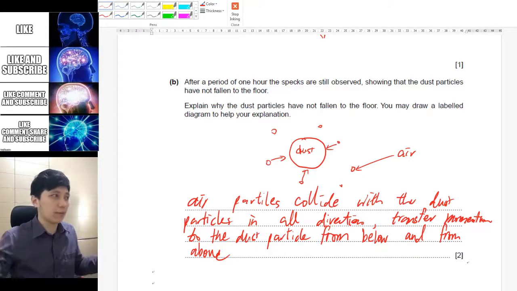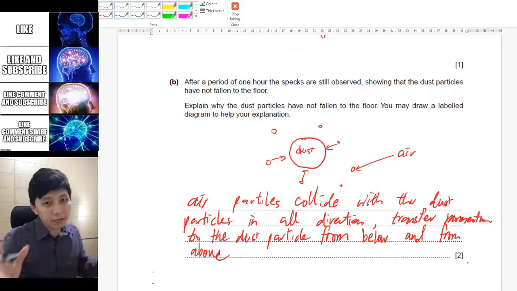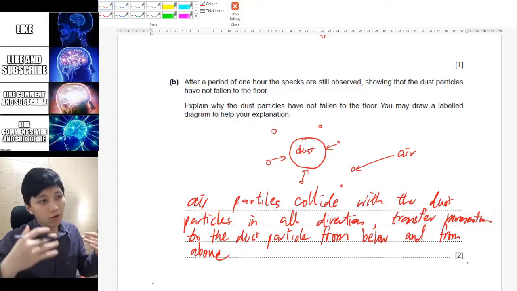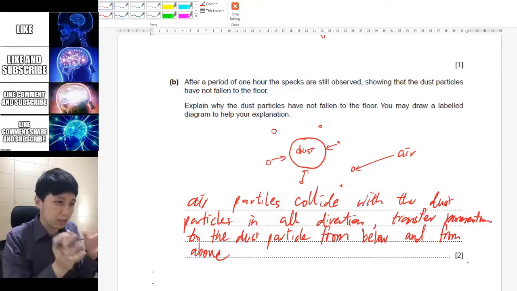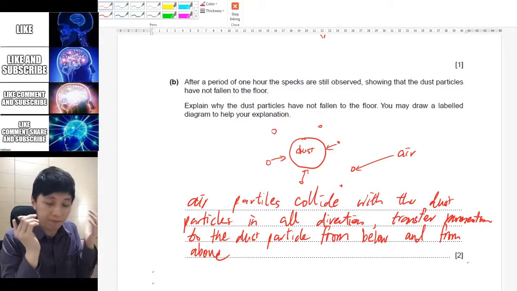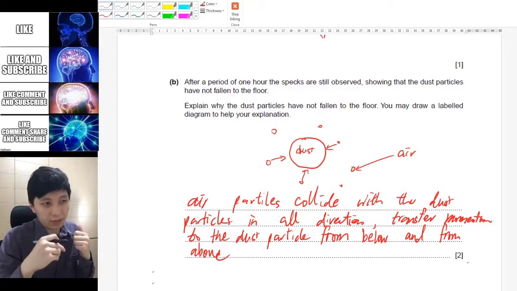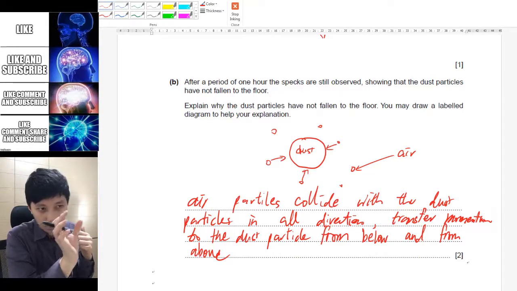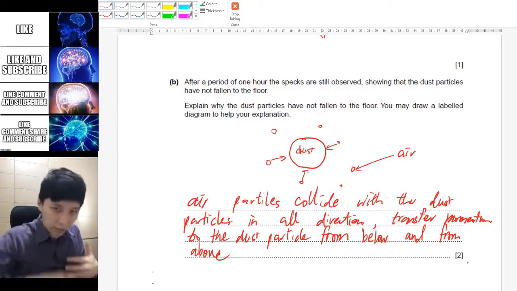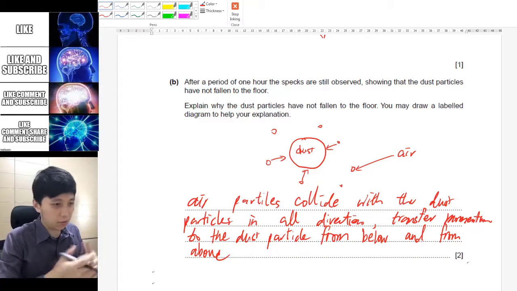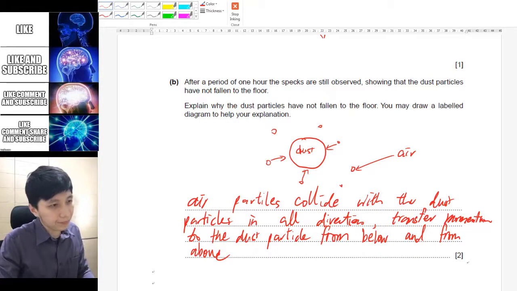Of course, if you're talking about a really, really long time, like 24 hours, because the dust is also affected by gravity, eventually it goes lower and lower, but it doesn't go directly down to the ground. So that's why after 1 hour it's still there.